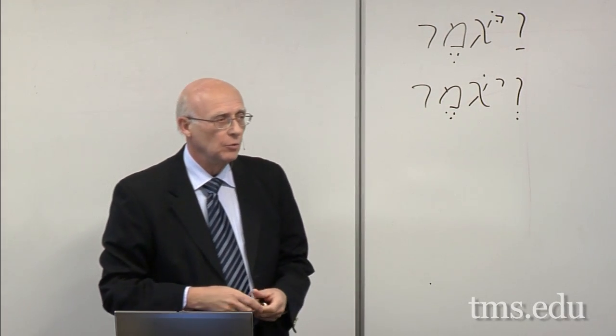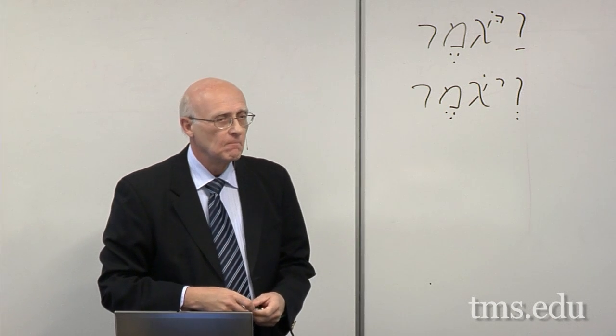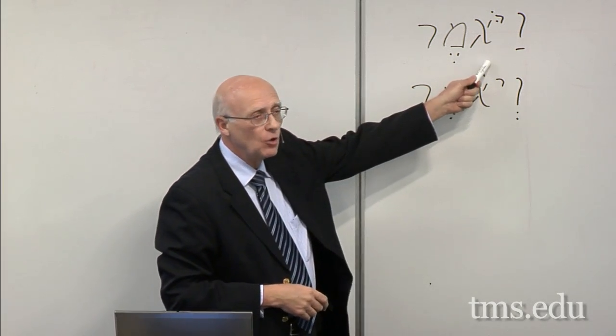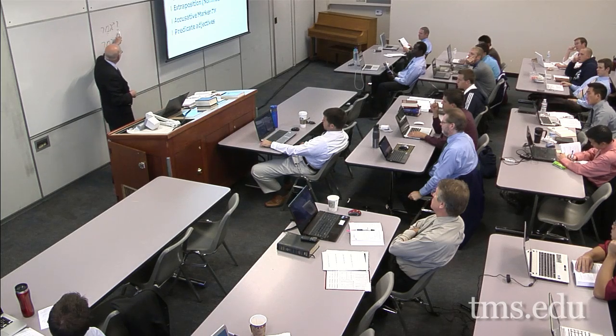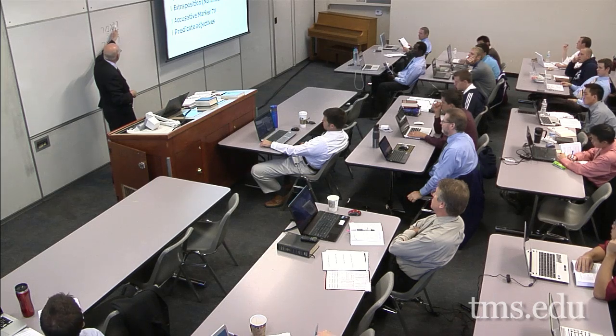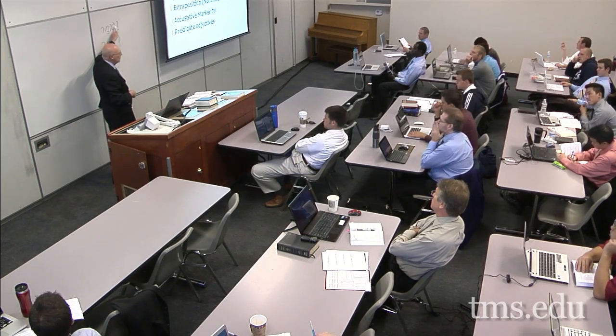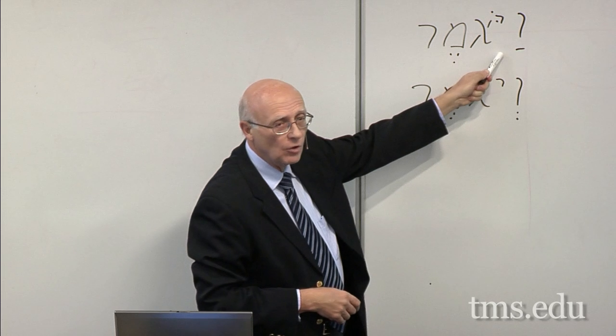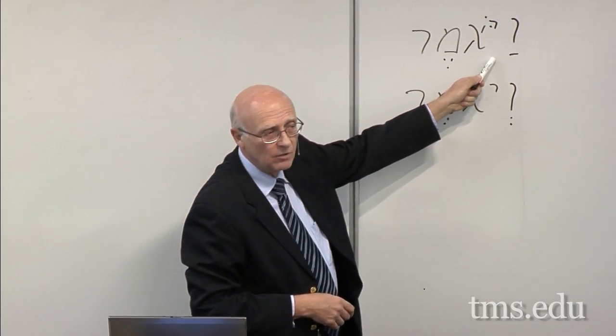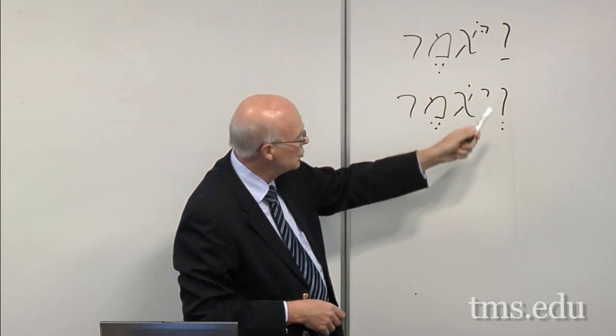Anyone? The first one is a wayyiqtol verb. Notice it has the waw with an A-class vowel, and it has a dagesh in the prefix of the imperfect form. That is a wayyiqtol. That's found primarily in narrative. It is sequential in nature.